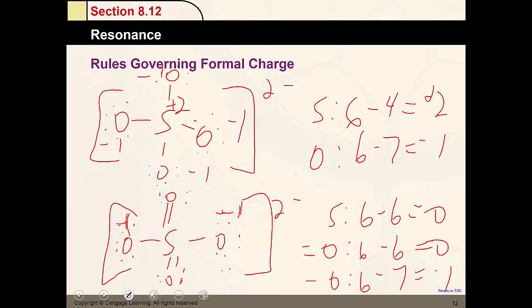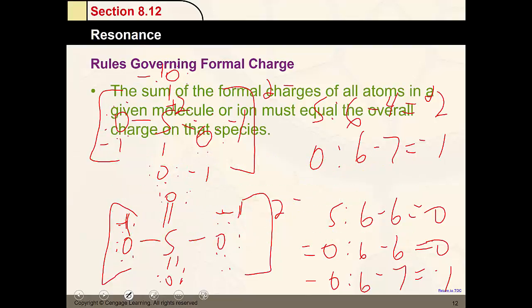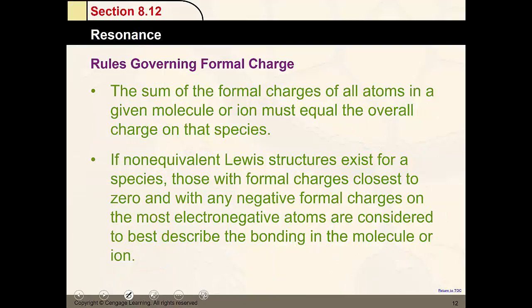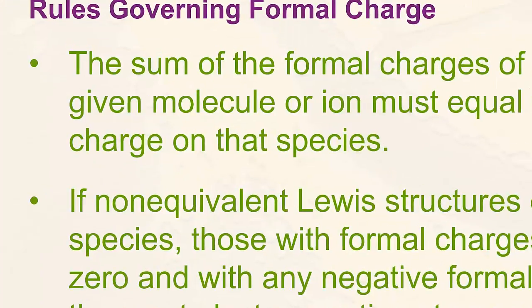There's lower formal charges, and those -1 formal charges are on the electronegative oxygen atoms. So the sum of the overall formal charges always has to be 0 if it's for a molecule.